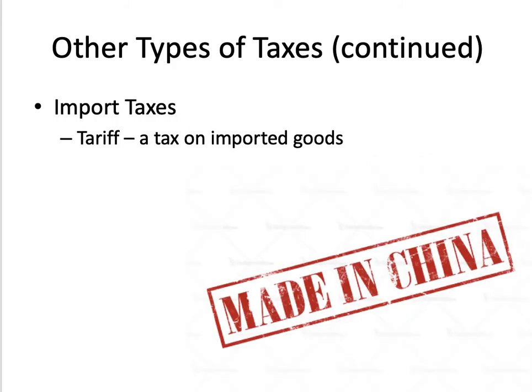Import tax, tax on imported goods. The products that are imported into the United States have something called a tariff on them, which is a tax. So right now we have a trade war going on with China. It is because the U.S. has raised taxes on Chinese products that are coming into the United States, known as a tariff.